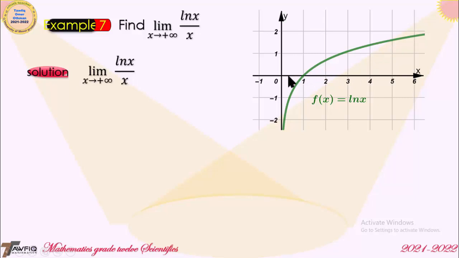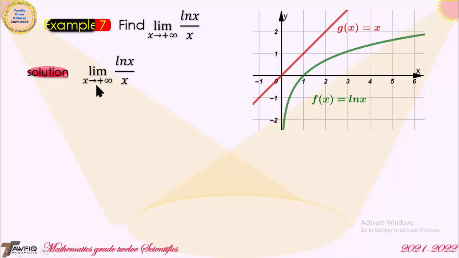When x goes to positive infinity, f(x) goes to positive infinity. And if we draw the graph of x, which is like this, when x goes to positive infinity, f(x) goes to positive infinity.